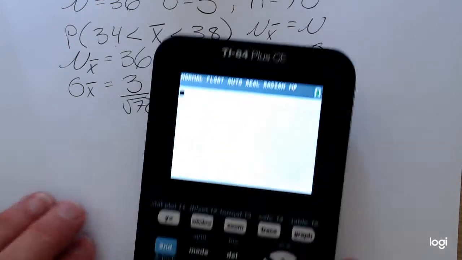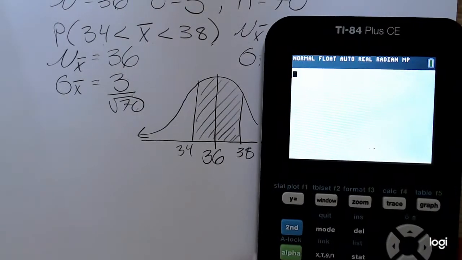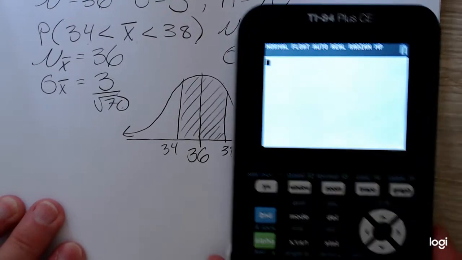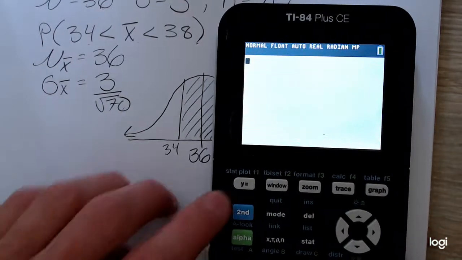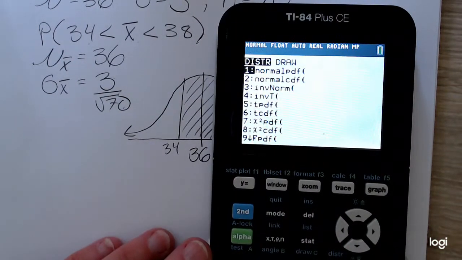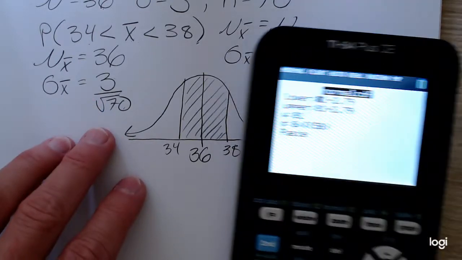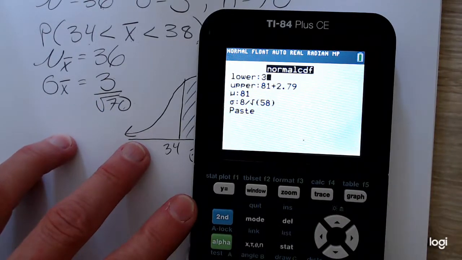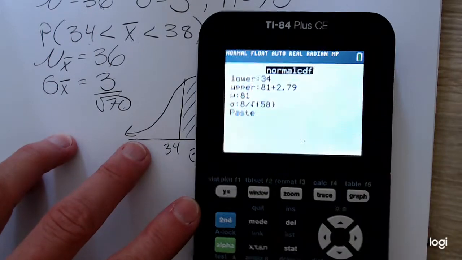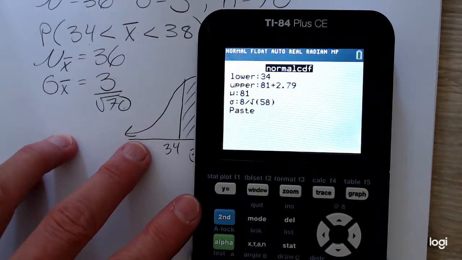So going to my normal CDF menu, let's try to fit this in here. My lower bound is going to be 34. My upper bound is going to be 38.